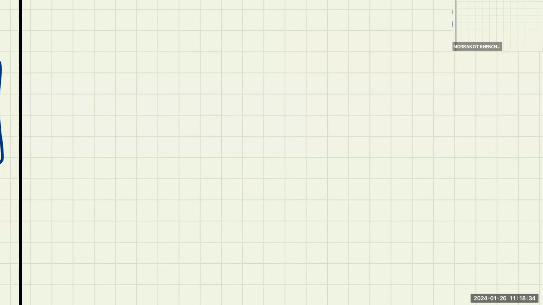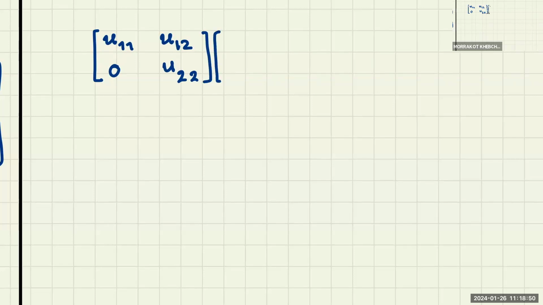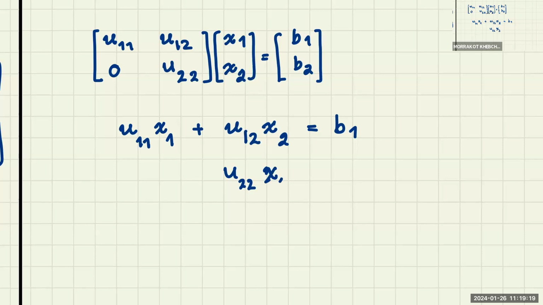If we have an upper triangular matrix, if you write out the equations, it is u11 times x1 plus u12 times x2 equal to b1, and u22 x2 equal to b2.